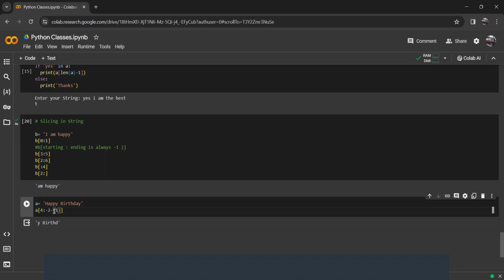It will be minus minus plus. So what is the third index from the last? If minus minus is plus, it is basically -3. You know that if there is minus, then it takes from last. So what is the third index from the last? D. So it will go till D. So from Y, it will go till D.